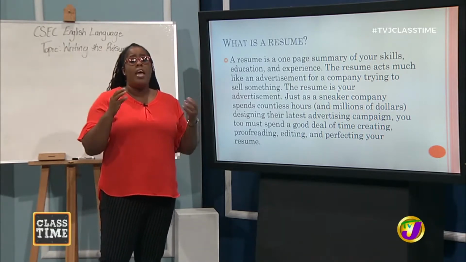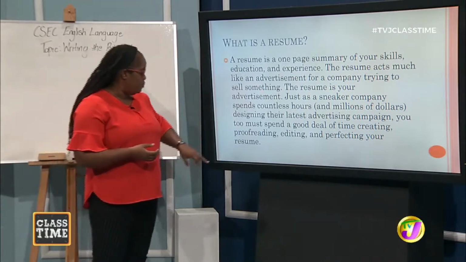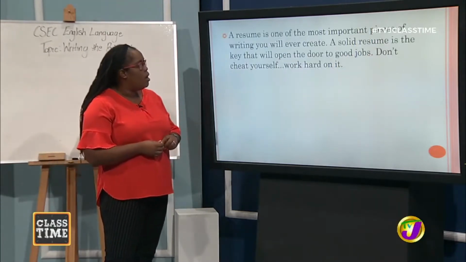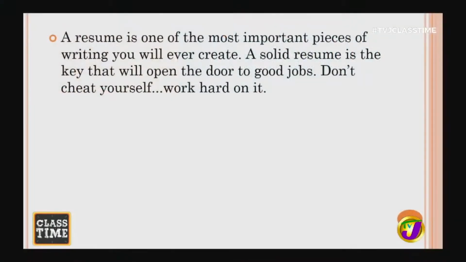So the resume is your advertising pitch, right? All right, and here it goes on to say a resume is one of the most important pieces of writing you will ever create. A solid resume is the key that will open the door to good jobs. Don't cheat yourself. Work hard on it.